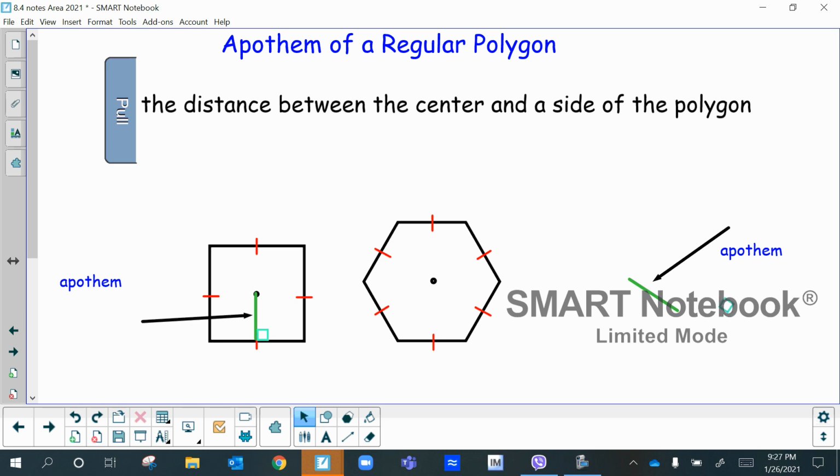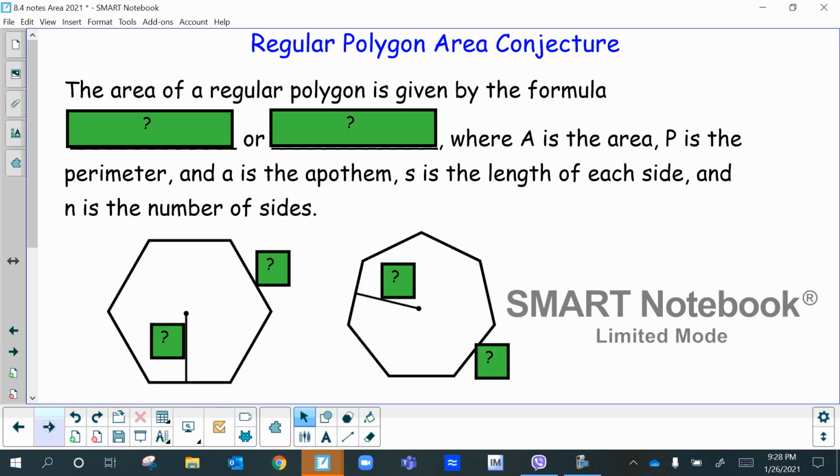So that distance right there is what we call an apothem. And it can go anywhere on the figure. So this one here is about there. There's your right angle. So that distance right there is called an apothem. The reason we need to know that is because it's going to be in your area formula.